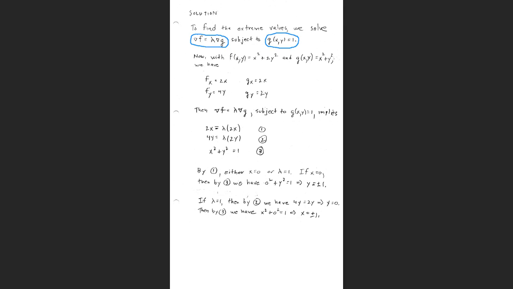G of x y, of course, is x squared plus y squared. So when you set x squared plus y squared equal to 1, you get the circle. And our function is the paraboloid.